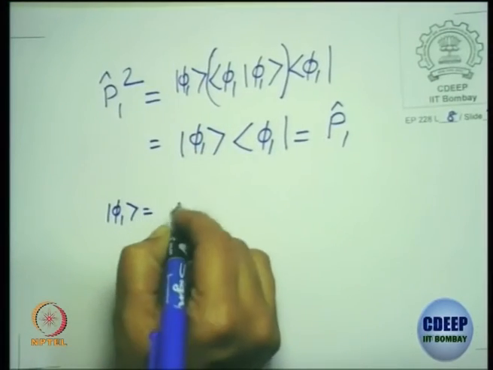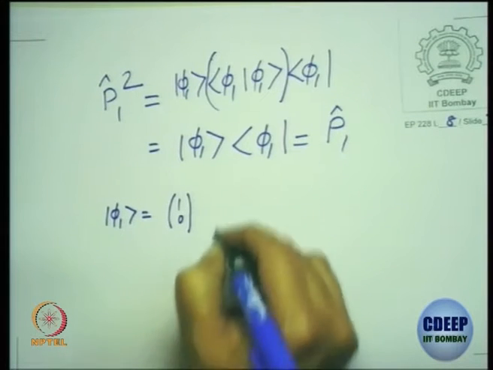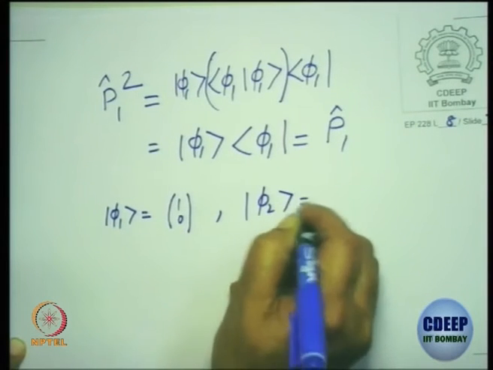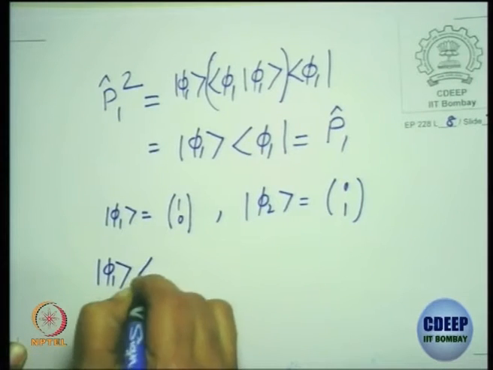What are its eigenvalues? Now, in the two-dimensional vector space, you can rewrite this as a 2 cross 2 matrix, right. So, let us write, suppose phi 1 is taken to be 1 0 and phi 2 is taken to be 0 1. What is phi 1 phi 1?